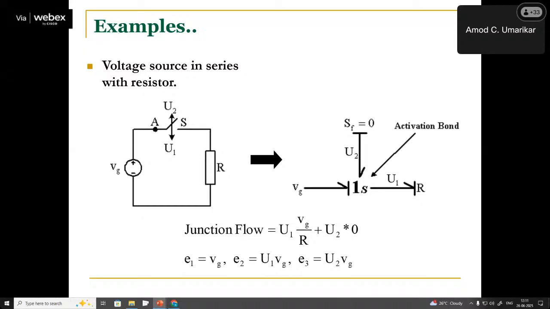This is the simplest example we can have. When U1 is active, the junction flow is Vg by R. When U2 is active, the junction flow is 0. Similarly, E2 is U1 Vg and E3 is U2 Vg.